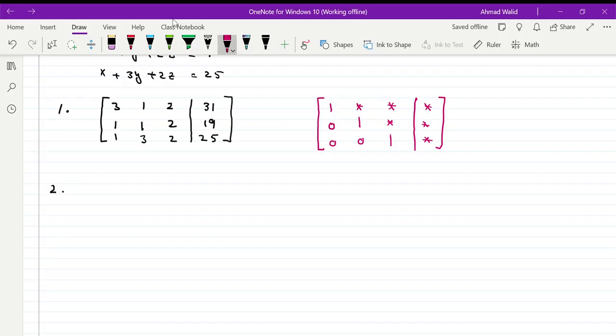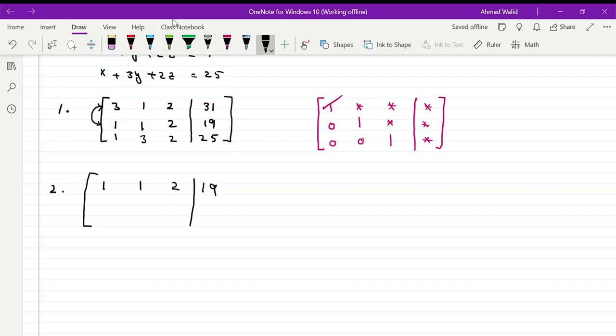My step 1 is to get a 1 here in column 1, row 1. Can I do an interchange easily between row 1 and row 2 to get a 1 there? I will use that method because this is the easiest way for me, correct? Then I'll copy row 2 and row 1: 1, 1, 2, and 19.